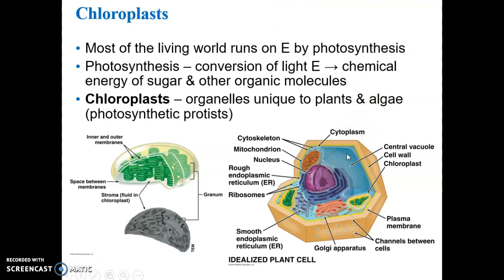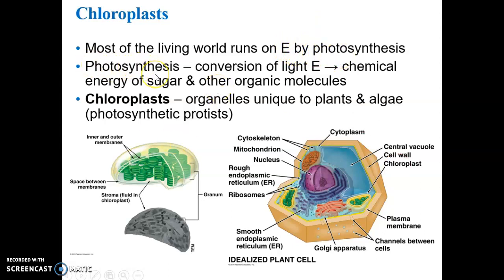So if you're a rabbit or a cow, you're going to eat plants. You're an herbivore. But if you're a predatory animal on that rabbit or on that cow, you're going to eat those animals and get energy from them, but the energy in those animals came from the energy harnessed through photosynthesis.